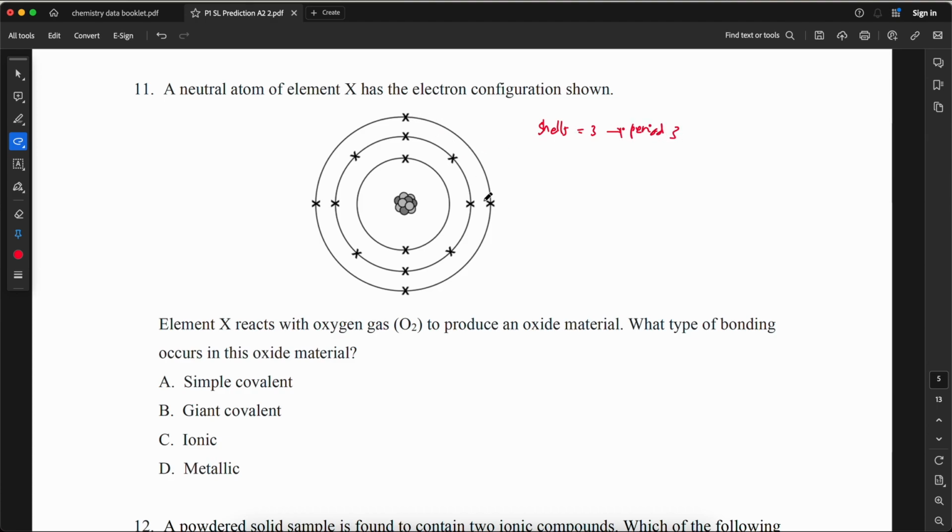And it has 1, 2, 3, 4, so 4 valence electrons. Therefore it is group 14. So it's 2, 8, 4. Its number of protons or electrons is 14. So it's silicon. Silicon, when it reacts with oxygen, will form silicon oxide that has giant covalent bonding.